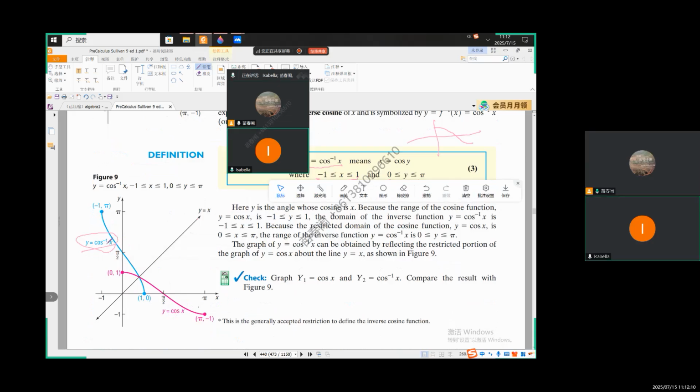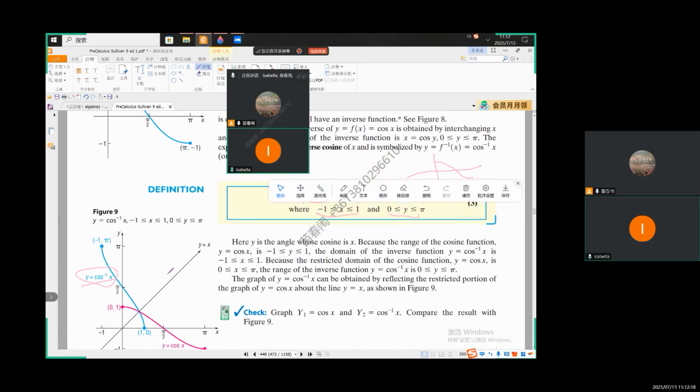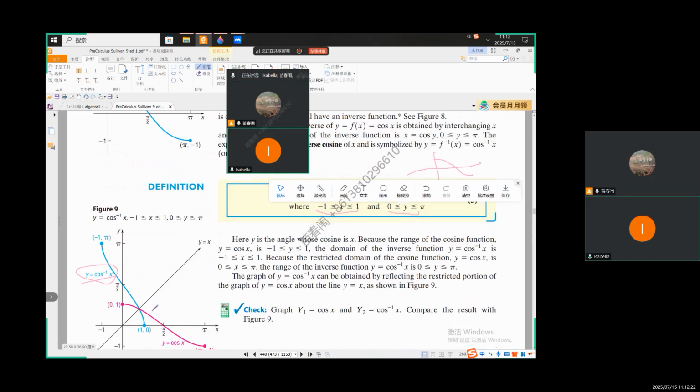Cosine. Wait, can I look at that again? You just scrolled past it really fast. Okay, negative 1.